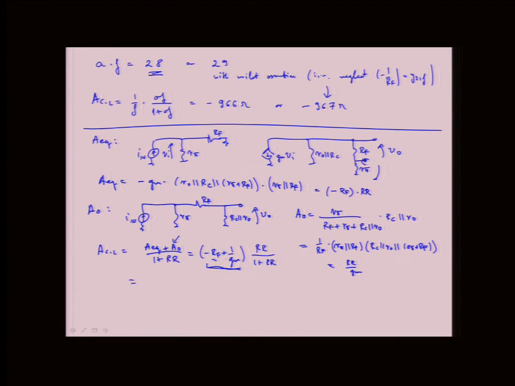But it's small, because 1 over GM is much smaller than RF, so really the effect is not that important even here. So here we get minus 974 ohms times 119 over 120, which is minus 966. The miracle of numbers.